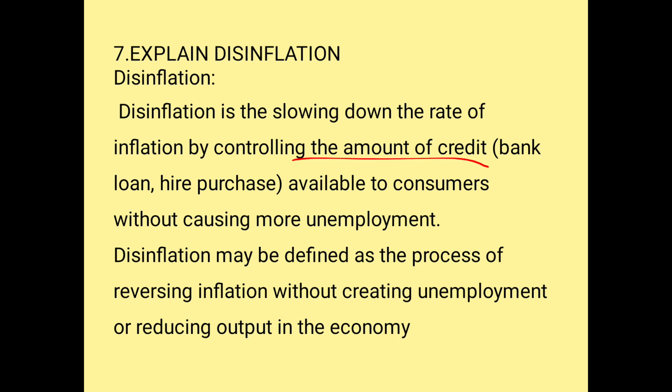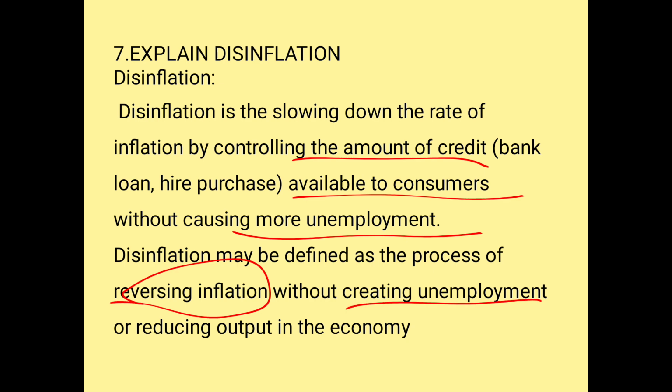That is, we are not supposed to give loans and we should not grant sanctions for higher purchases, without causing more unemployment. Disinflation may be defined as the process of reversing inflation, without creating unemployment or reduction in the output of the economy. This we call disinflation.